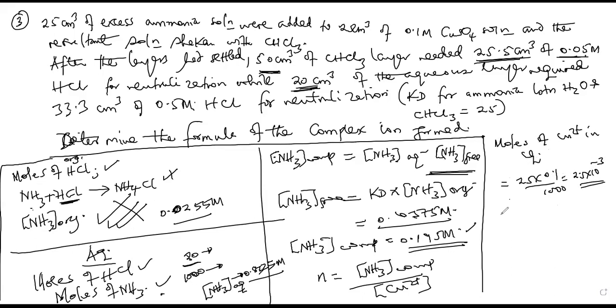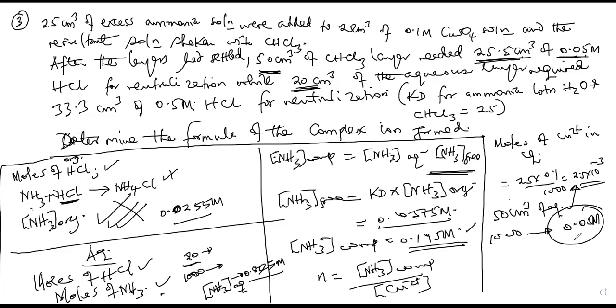Then after that, the total aqueous has 50 cubic centimeters, 25 plus 25, containing these moles of copper. What about 1,000? So you get molarity of copper ions as 0.05 moles. So this is the concentration of copper 2 ions.